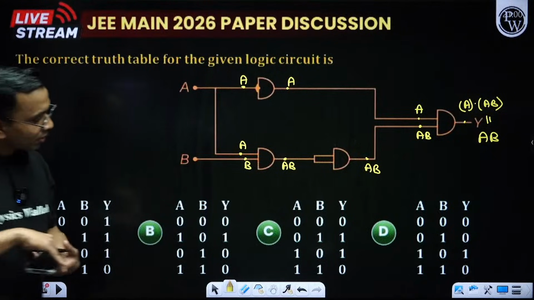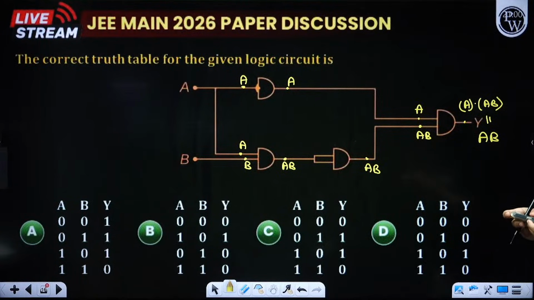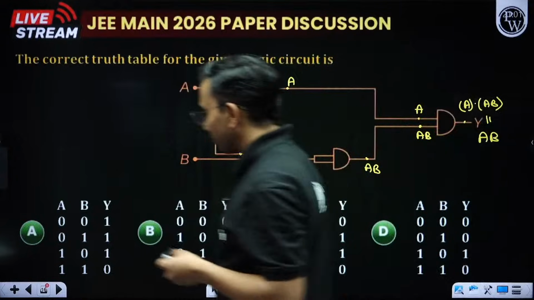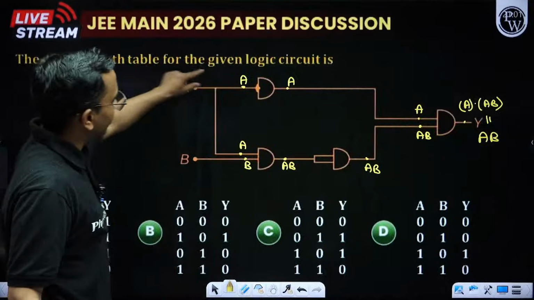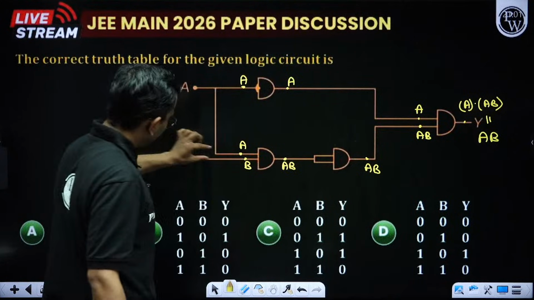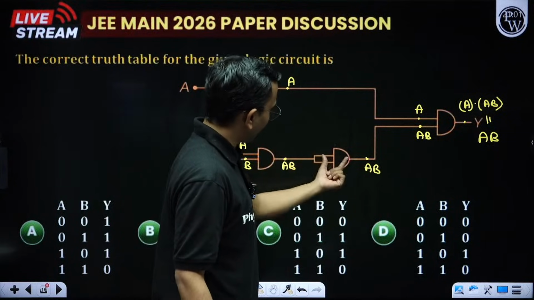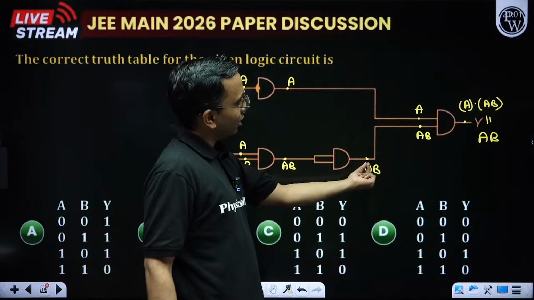No option is matching here. Why is it so? I think there is something missing, maybe. Here this is A into A, that is A, this is AB, AB into AB becomes AB.